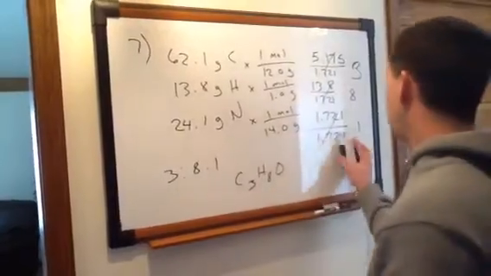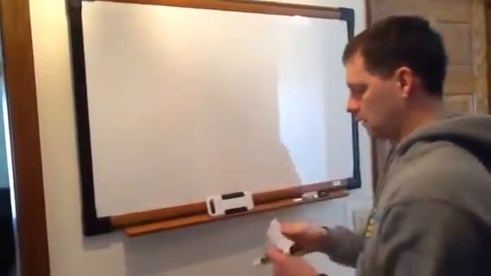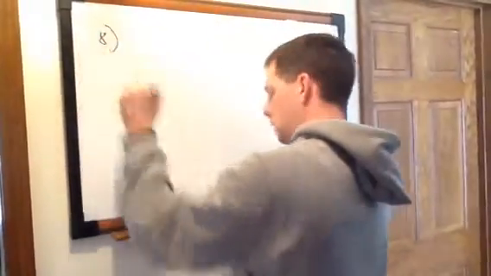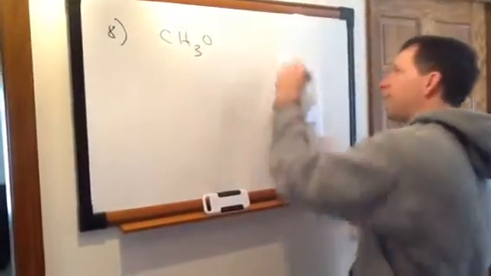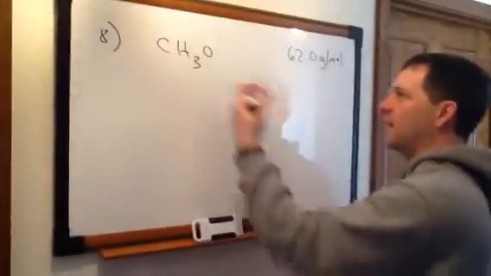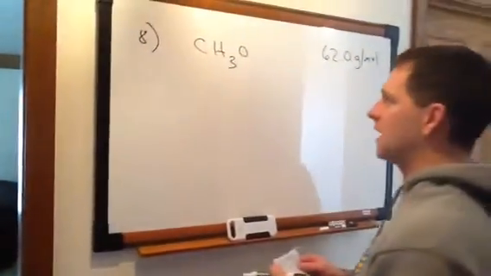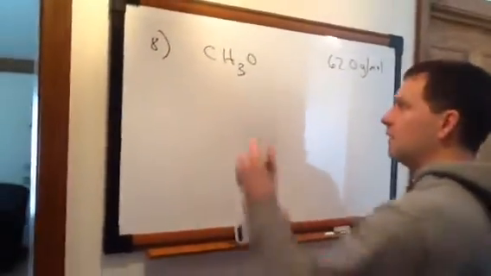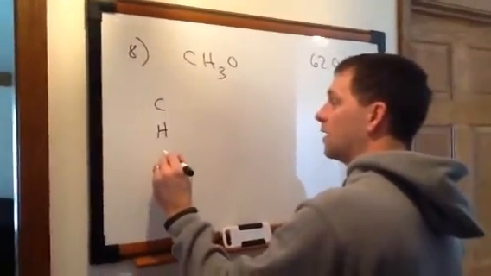And finally, our last problem to go over sample-wise for this chapter. You're given CH3O. You're given the fact that it has a molecular mass of 62.0 grams per mole. We want to find out the actual chemical formula for the compound. So again, find the molar mass of CH3O.